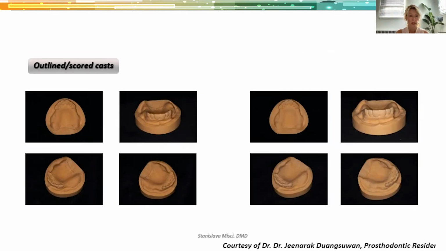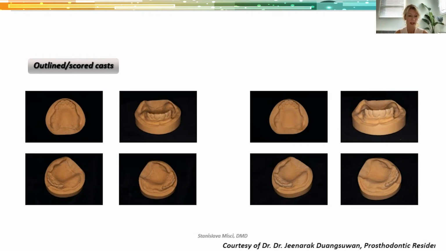We also took impressions, and the reason for that was because we scored them to the desired borders of our immediate dentures, based on some landmarks we know about.